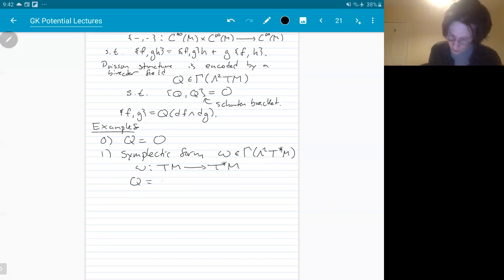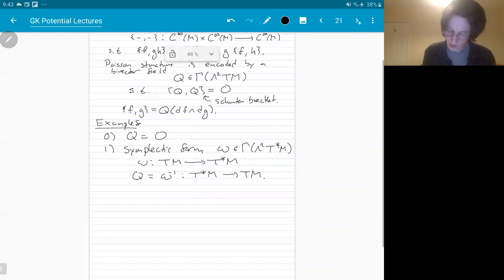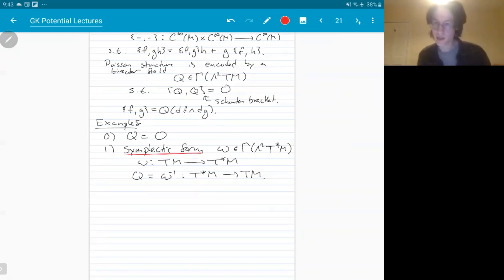So you can define Q to be omega inverse, a map from T star M to TM, and a skew-symmetric map like this is encoded by a bivector field. It's an important example to keep in mind: a symplectic form gives you a special case of a Poisson structure, the case where this map is invertible.